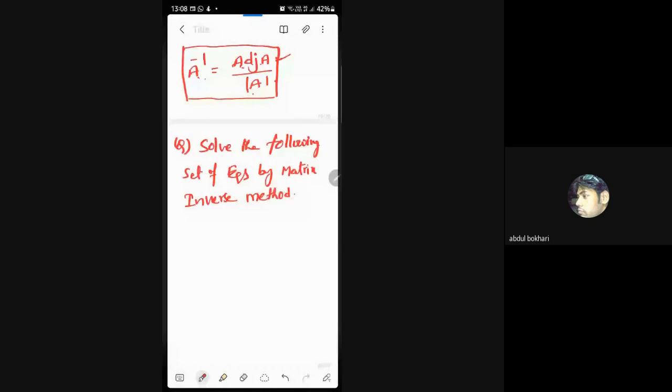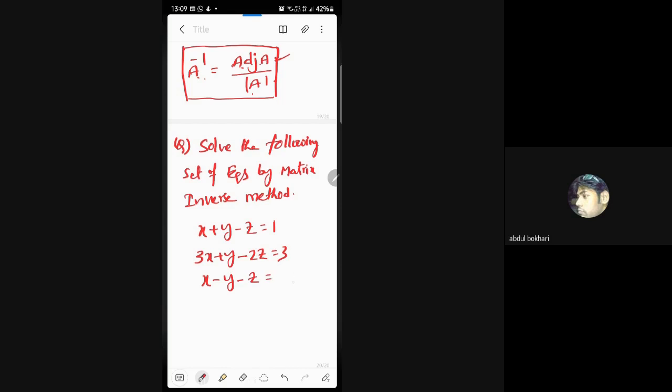Okay, now I will tell you the equations: x plus y minus z is equal to 1, and the second equation is 3x plus y minus 2z is equal to 3, and next is x minus y minus z is equal to minus 1. These are the three simultaneous equations given in the question. I just repeat, x plus y minus z is equal to 1, 3x plus y minus 2z is equal to 3, x minus y minus z is equal to minus 1.